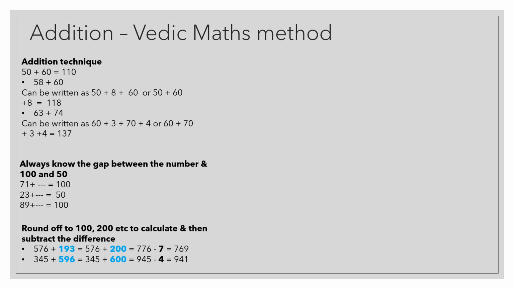Since we added 7 to this 193 to make it 200, let's deduct it now from the final number to get 769. Similarly, 345 plus 596. When you look at both the numbers, we know that 596 is very close to 600. So let's rewrite it: 345 plus 600 is 945. Since we added 4 to 596, let's deduct it. So you get 941.